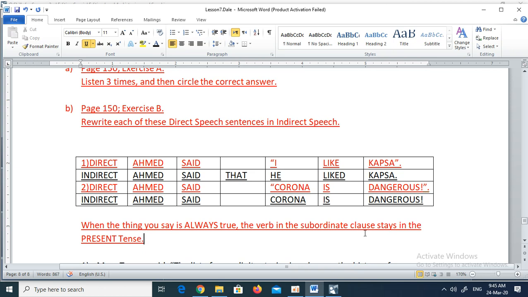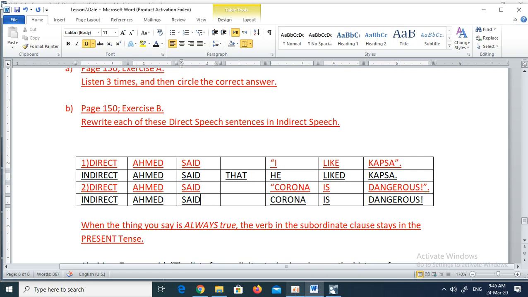So because the thing we are saying is always true, we keep that verb in the present tense. We keep the second verb in the present tense even when the first verb is in the past tense.